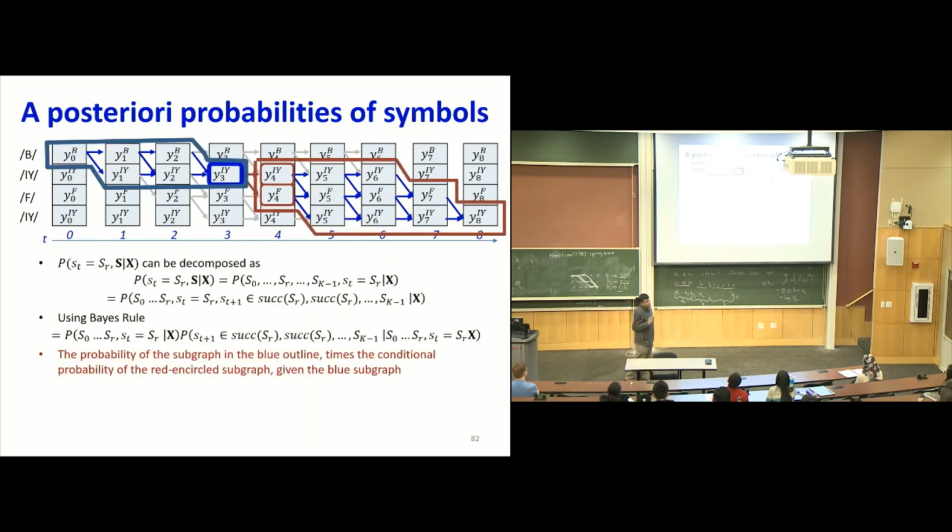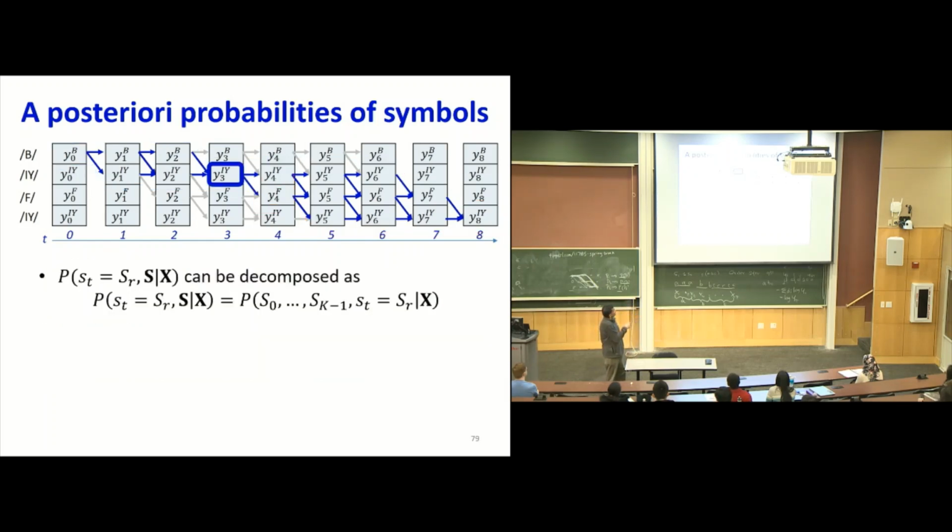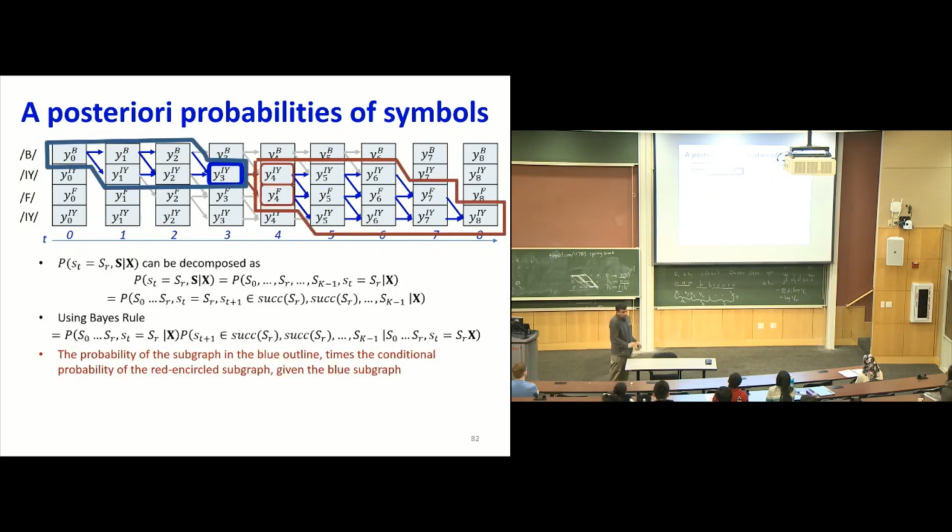And this I can decompose into two subgraphs. What I really want is the total probability of all paths in this graph. I'm going to decompose this into two subgraphs: everything to the left of the box, and everything to the right of the box. Okay? Everything to the left of the box is the graph that ends at symbol E at time 3. Right?